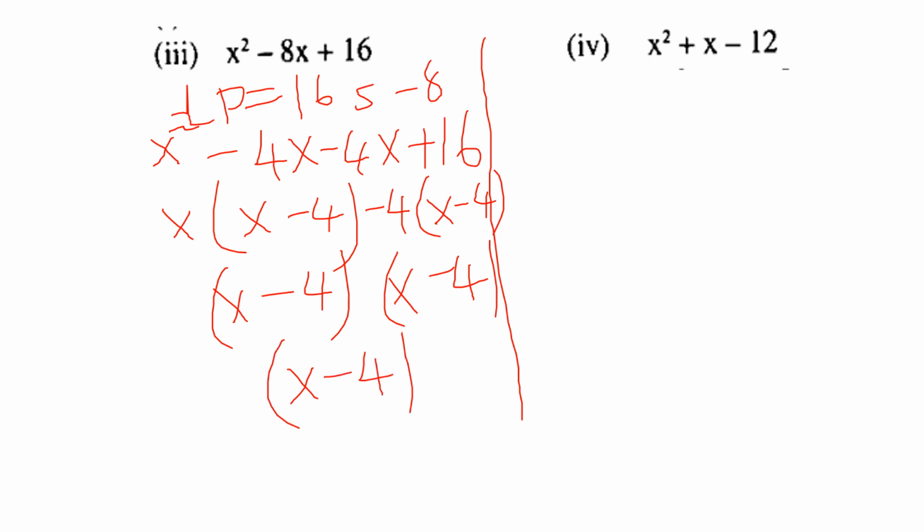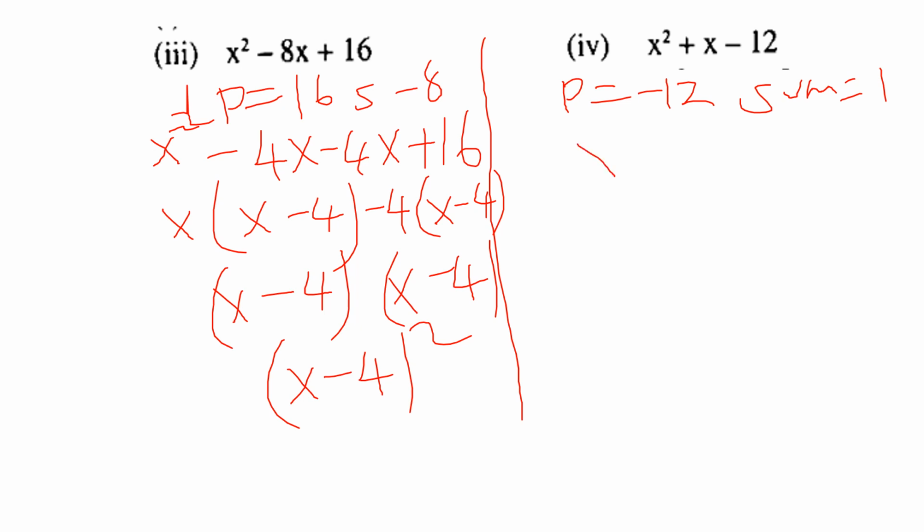For the other one, we have our product being negative 12, and our sum is positive 1. In this case, the two factors are negative 3 and 4.